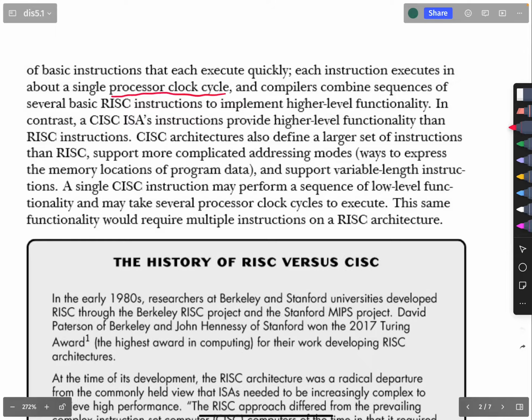This takes a certain amount of time, and then it sends out these pulses at regular intervals. Because they are regular intervals, you can build a clock out of the timing of the pulses, so we call them processor clock cycles.